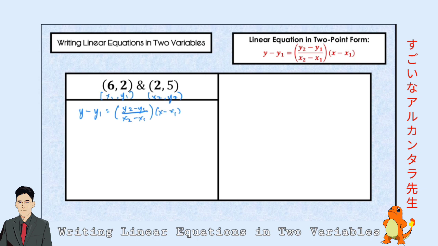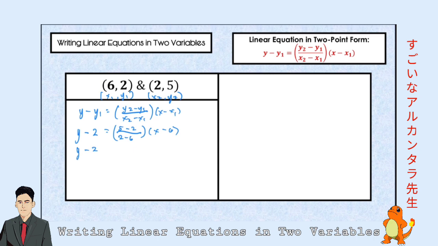It's a bit long, but that's how it goes. So let's substitute: y minus 2 is equal to the quantity 5 minus 2 all over 2 minus 6, times the quantity x minus 6.